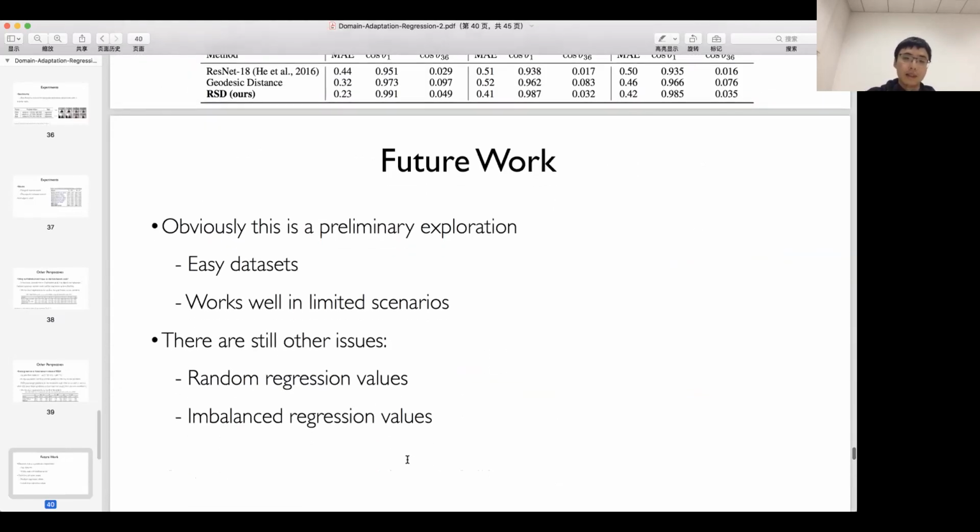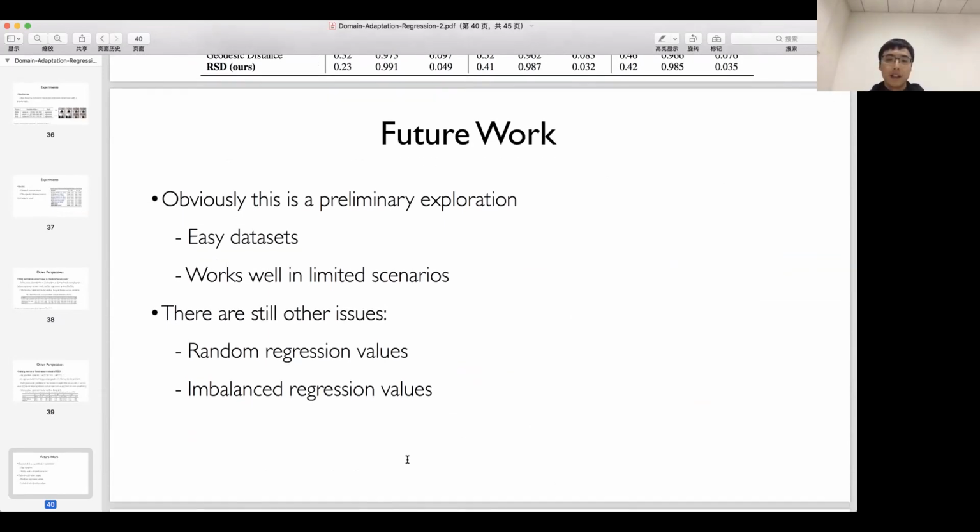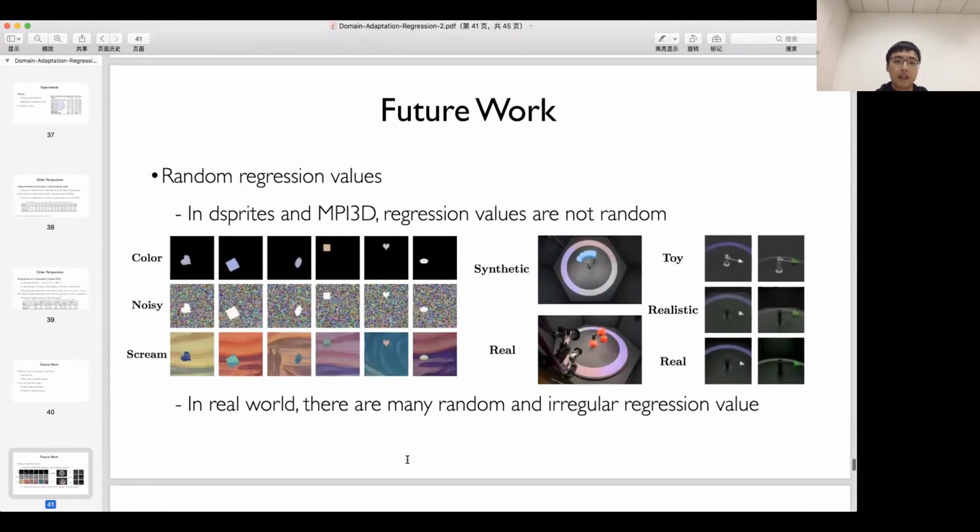So I think this is a very early exploration because we just use easy data sets and it works well in limited scenarios. We are the first work in deep domain adaptation regression, and other works always work well in domain adaptation classification. We think there are many things to explore in regression problems. For example, there are still other issues. The first one is random regression values.